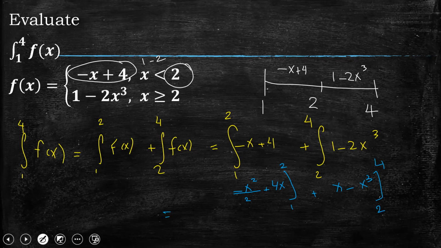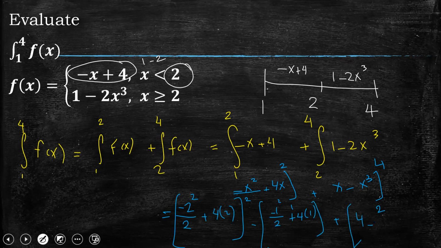Then we evaluate as negative 2 squared over 2 plus 4 times 2, minus negative 1 squared over 2 plus 4 times 1, plus 4 minus 4 cubed, minus 2 minus 2 cubed. Then you will continue.